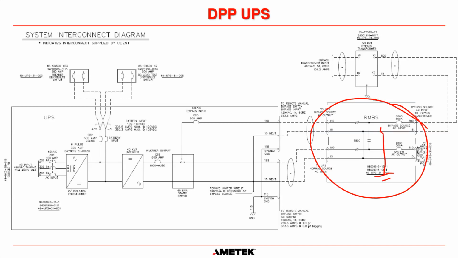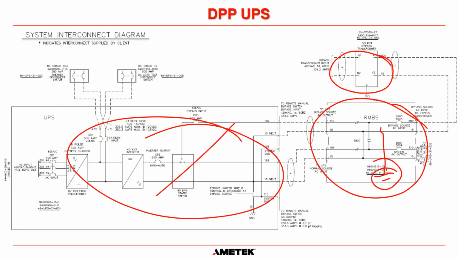And if you do that, what that allows you to do is you can replace the bypass transformer, and you still have this neutral connection to ground in the RMBS, or you can disconnect the UPS and replace that, and you will still have the neutral to ground connection. So you're not breaking the neutral to ground connection if you replace the transformer or the UPS if you connect the neutral to ground inside the RMBS.